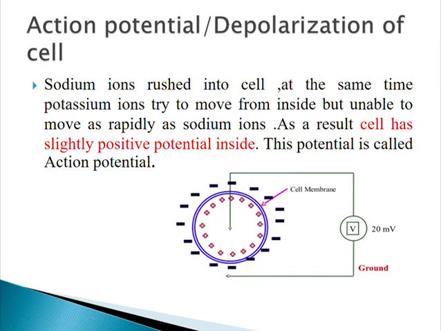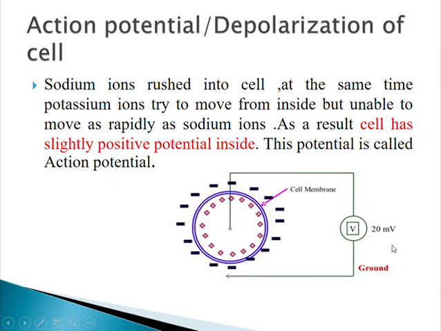As a result, the inside of the cell becomes more positively charged, and the outside of the cell becomes negatively charged. So the potential when the cell is excited is termed the action potential, and it is also measured from inside with respect to outside, and its typical value is about 20 millivolts.